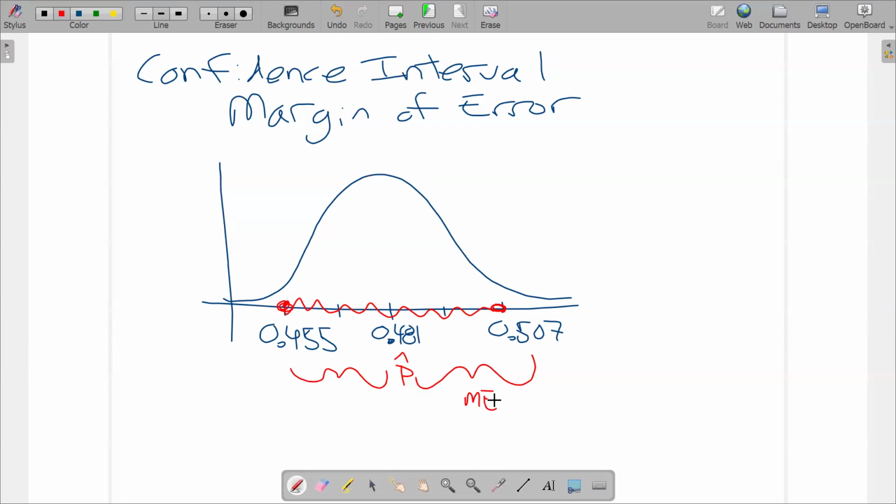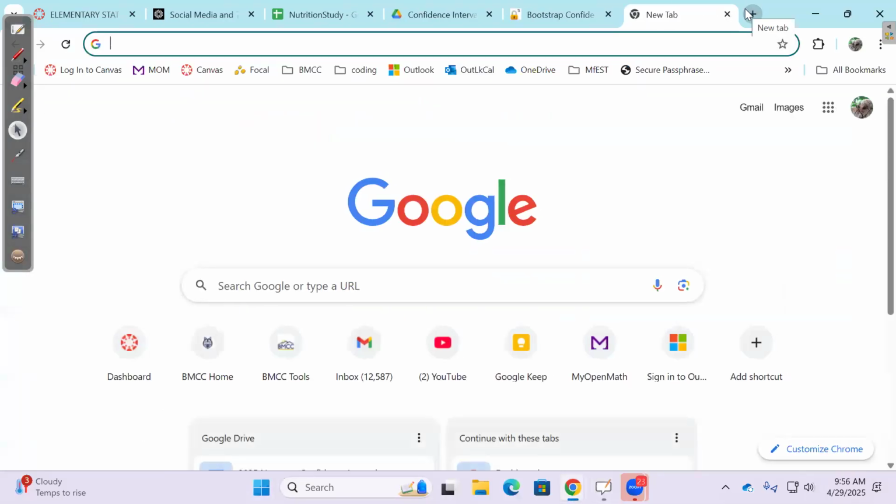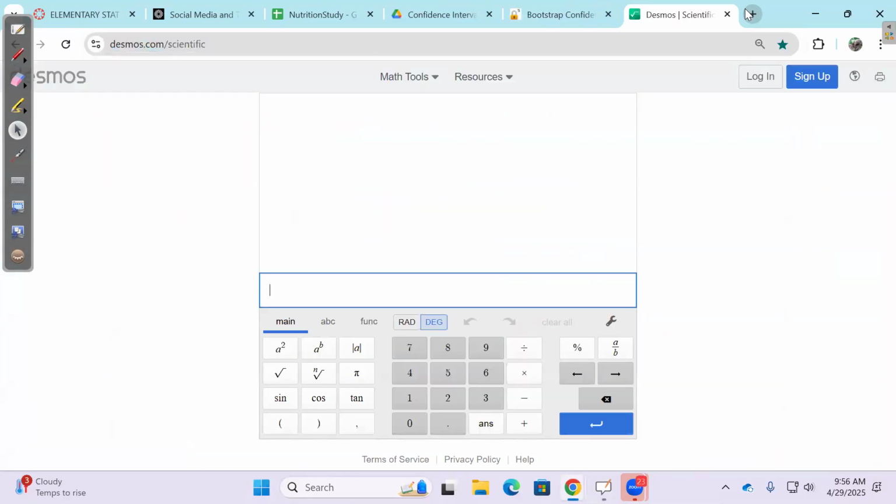Now, because we did this by shuffling a virtual deck, the interval is not perfectly symmetric. The number I find on the right is going to be a little different than the number on the left. I'm going to double check that in the calculator, and I'll show you the best way to come up with the margin of error. Let's get Desmos going. On the right side, that was 0.507 minus 0.481.